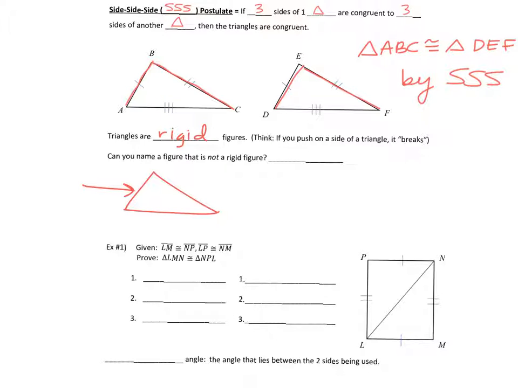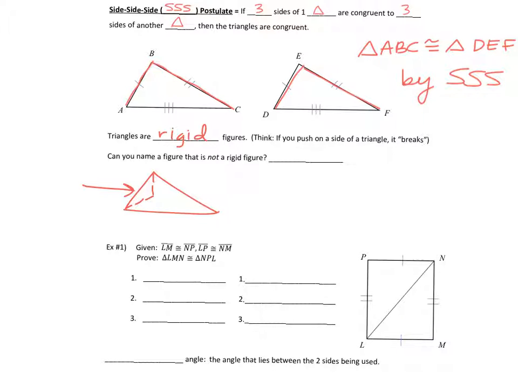If I were to push on that triangle, it's not going to get me a new triangle with the same sides. Okay, it gets me a totally new triangle. In other words, this would break if we pushed on it. Okay, can you think of a figure that doesn't do that? Like, is there a figure where if you push on it, your side lengths will stay the same? It's just going to look like a different figure now?